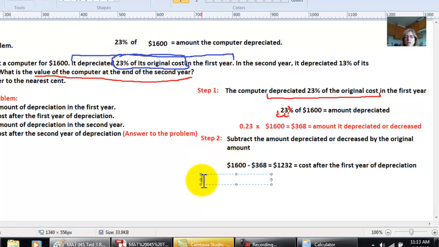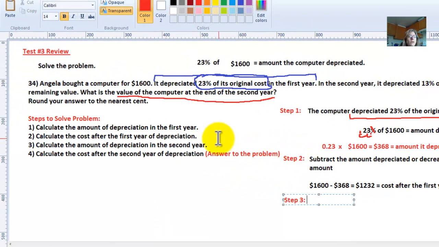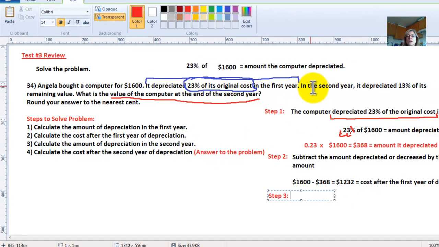Let's put a color back to step 3. In step 3 it's telling us to calculate the amount of depreciation in the second year. So we have to use information from the problem again. In the second year, it depreciated 13% of its remaining value.